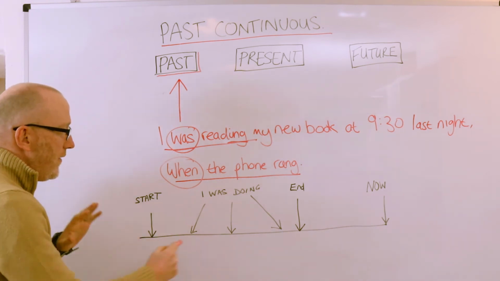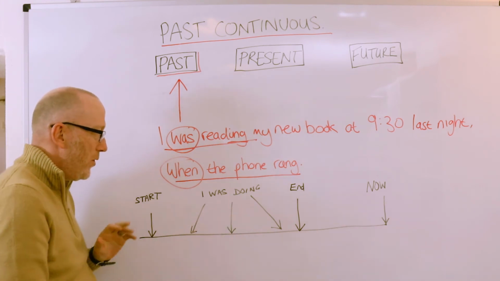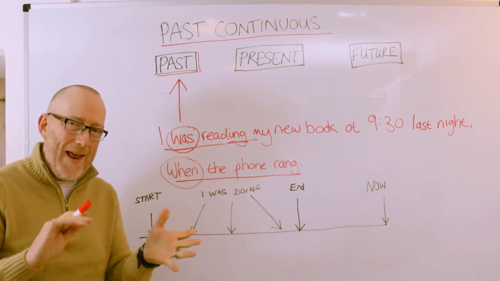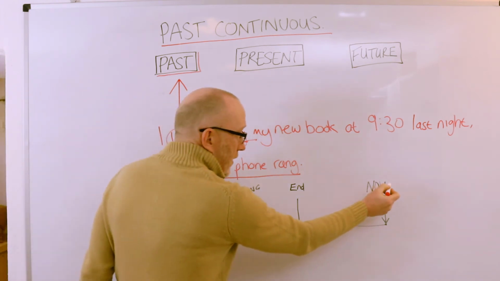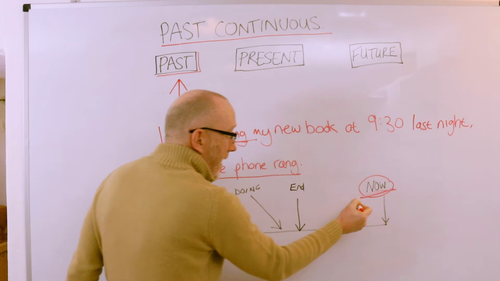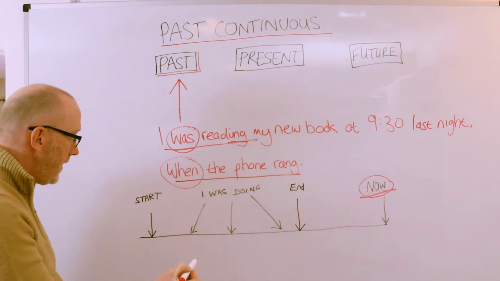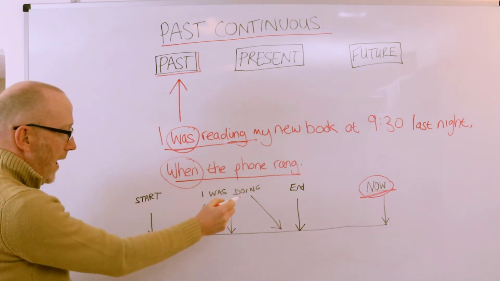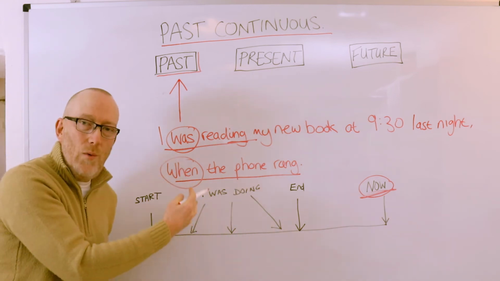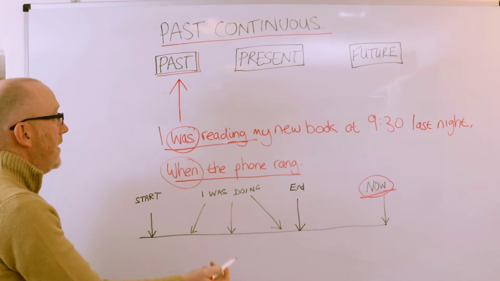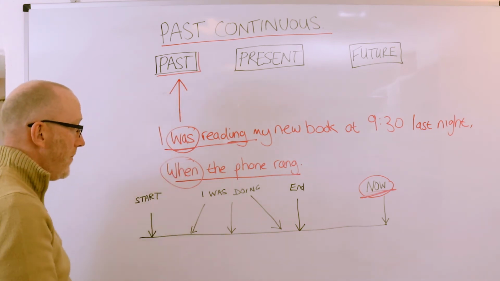I've got another example, another diagram to try and help you understand this a little bit clearer. Okay, so this is us now, this is where we are now, yeah, and this is like a visual way to understand the action happening in the past.